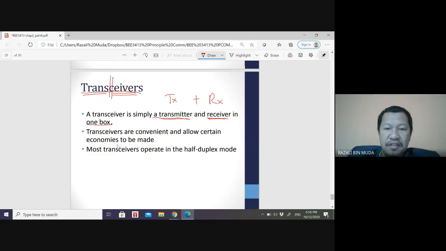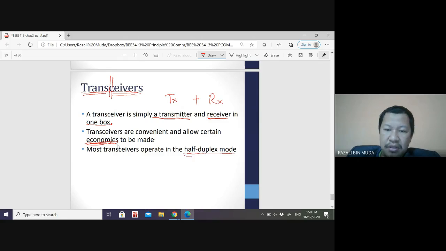Transceivers are convenient and allow certain economies to be made, certain savings, lower cost. Most transceivers operate in half duplex mode.